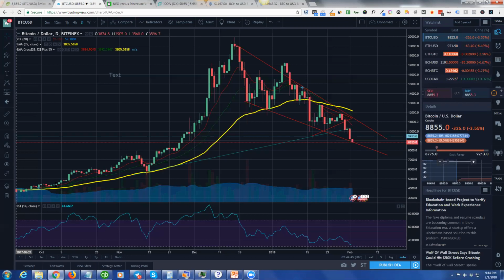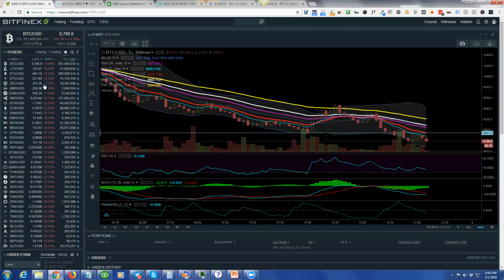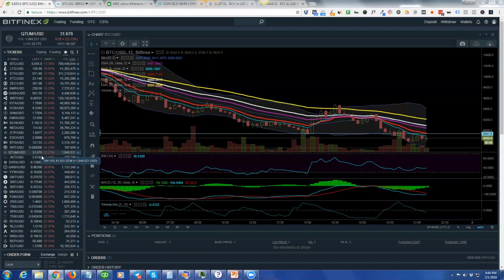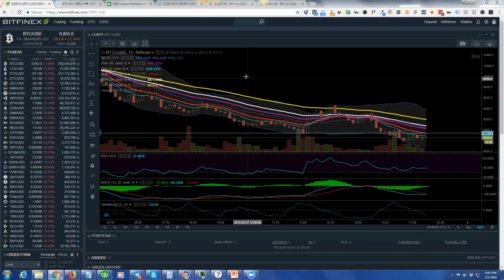But I also play multiple coins, right? If you actually look at my Bitfinex chart, these are all the pairs that I play. My main strategy is playing oversold and overbought bounces, and I also short margin sell and short sell here as well.